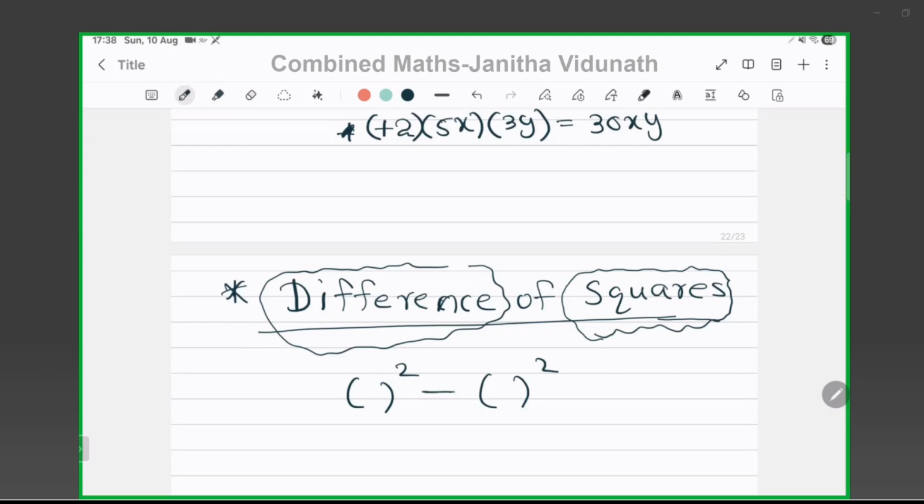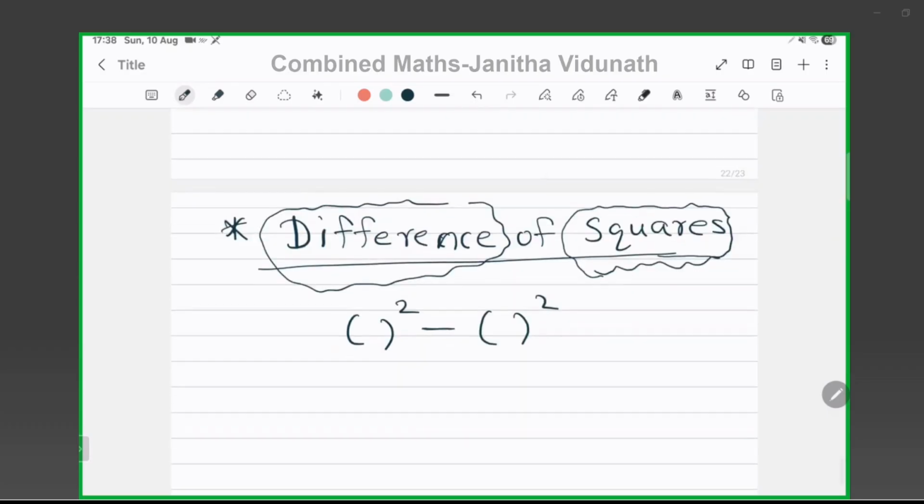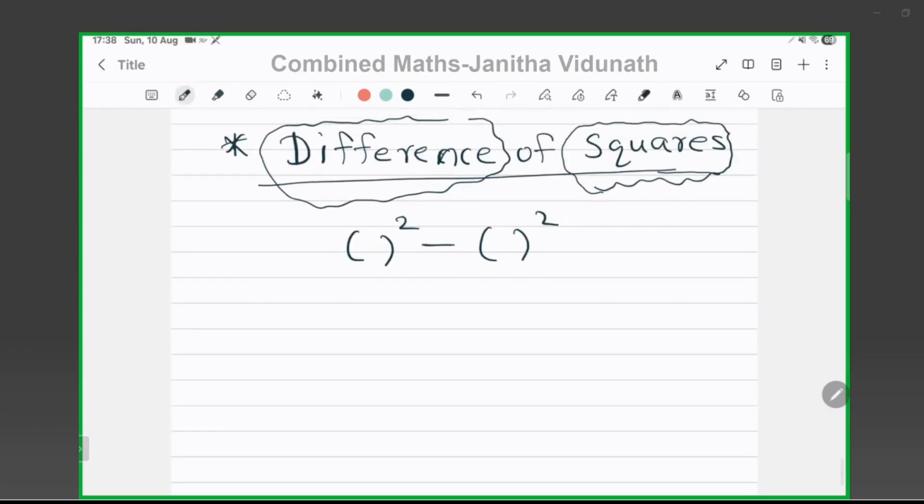Difference means one subtracted by the other. Then the topic is about the difference of two squares. That means we get one square term and subtract from it another square term.